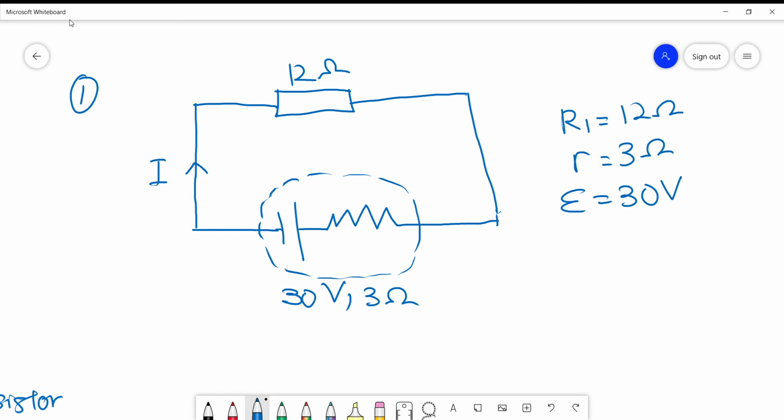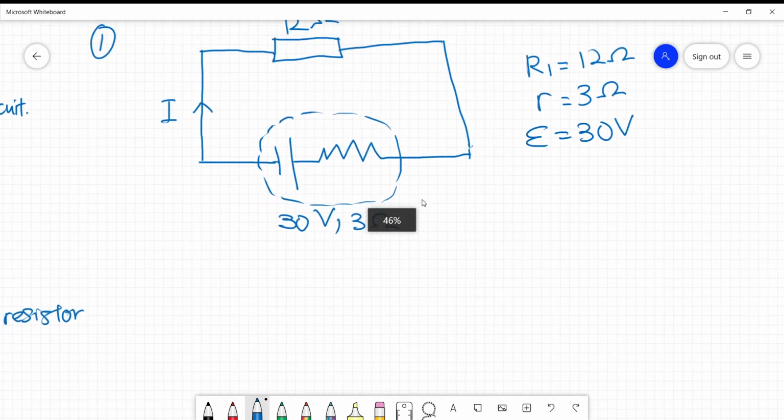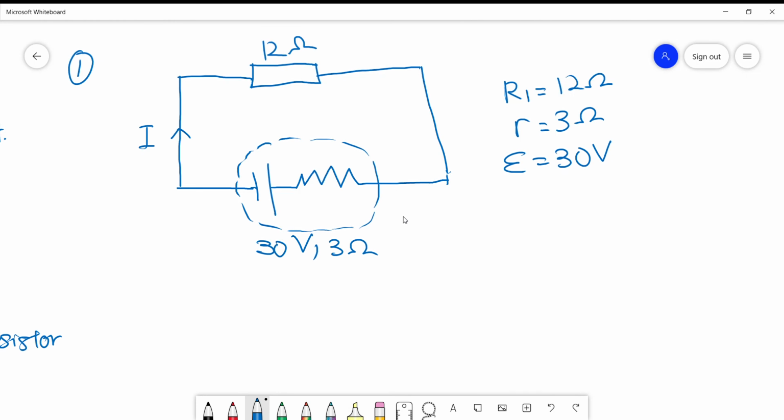For the first question, we are asked to find the terminal potential difference of the battery.